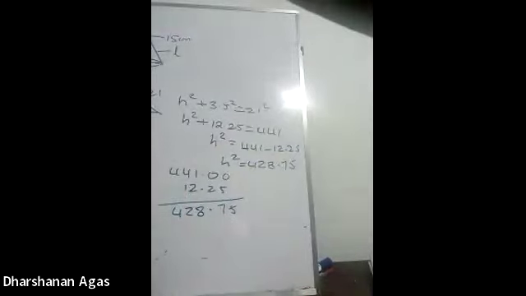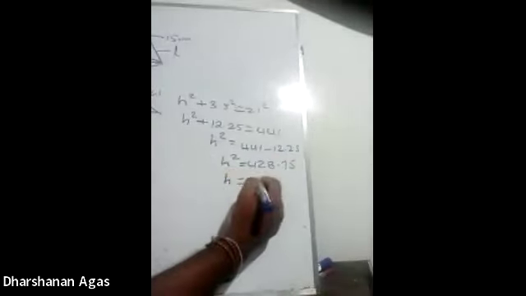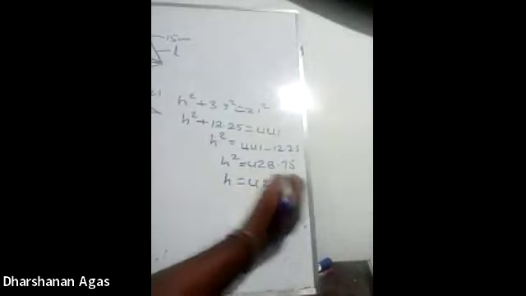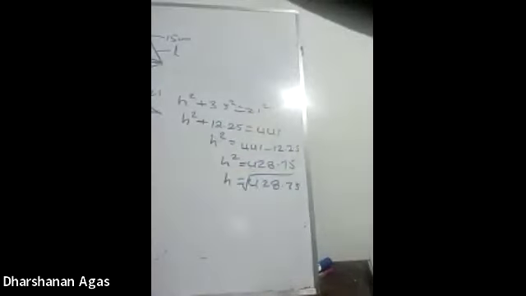So h square equals 428.75. Then we have to find the square root of it. In grade 10 we studied the division method, so let me explain that a little. Look at the board a little.